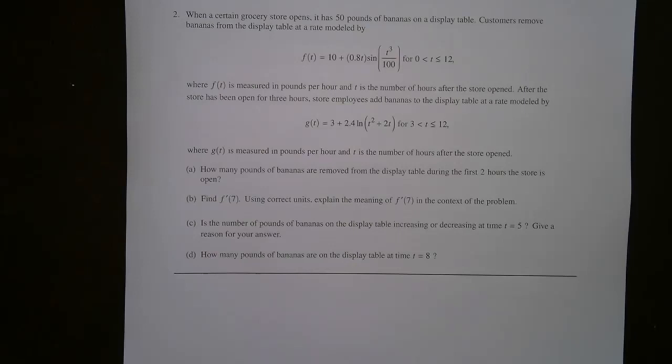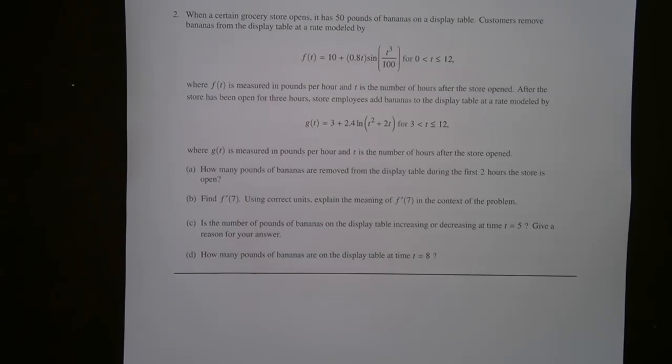To figure that out, we got to look at a rate. We got to take a look at the rate at which it's being removed and added at that time. If the rate at which it's added is larger than the rate at which it's being removed, then the number of pounds of bananas on the display table has to be increasing. If we're removing at a faster rate, then the number of pounds of bananas on the display table has to be decreasing.